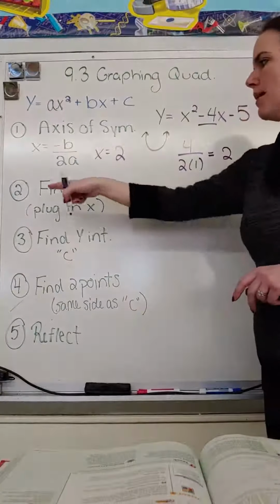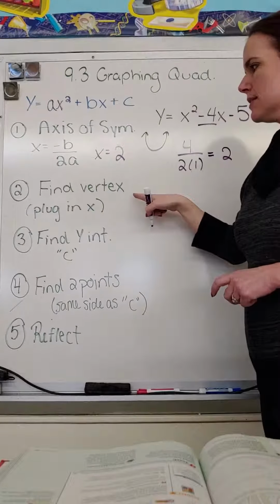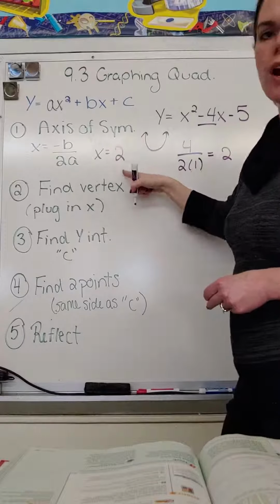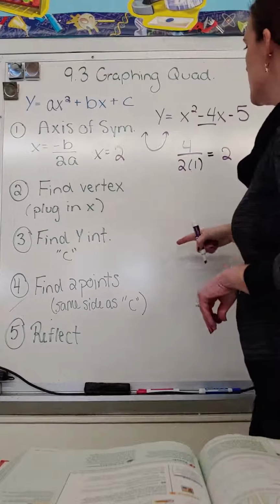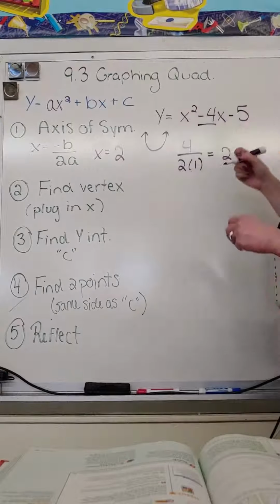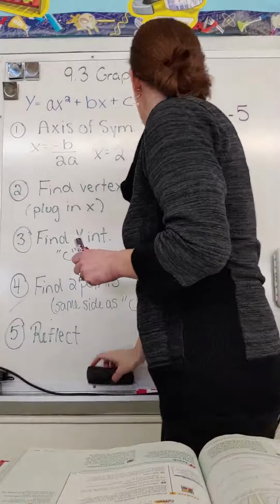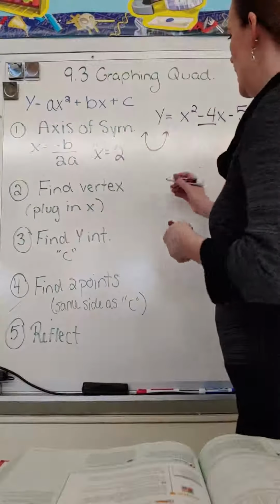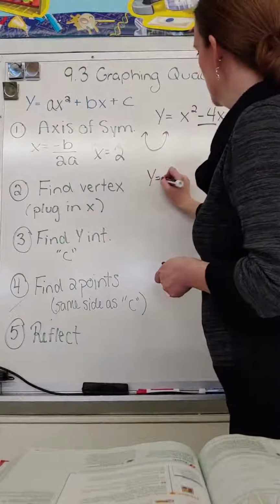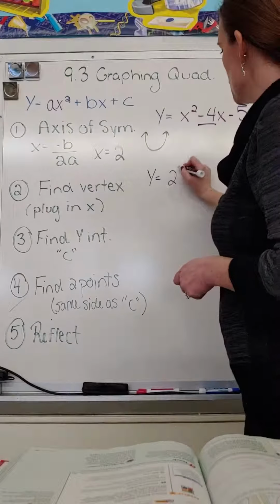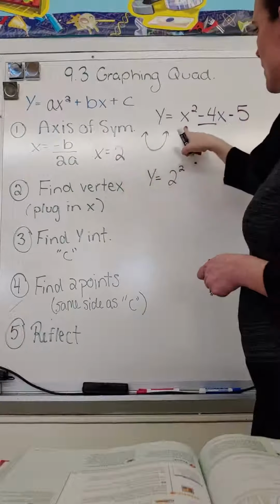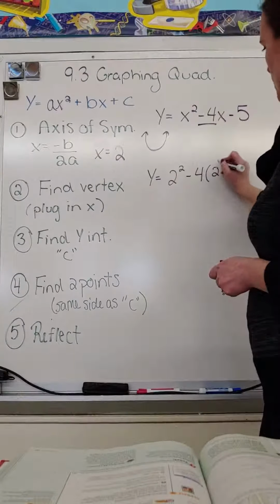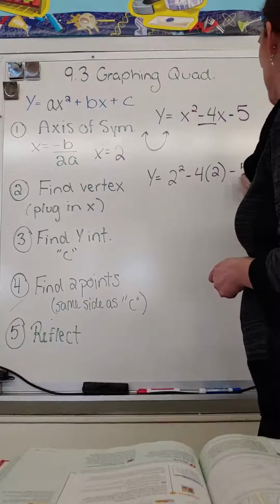And then my next step is to find the vertex. You find the vertex by plugging this number that we found for our axis of symmetry into this equation. So I am going to have y equals 2 squared, because I just plugged that x value in for my x, minus 4 times 2 minus 5.